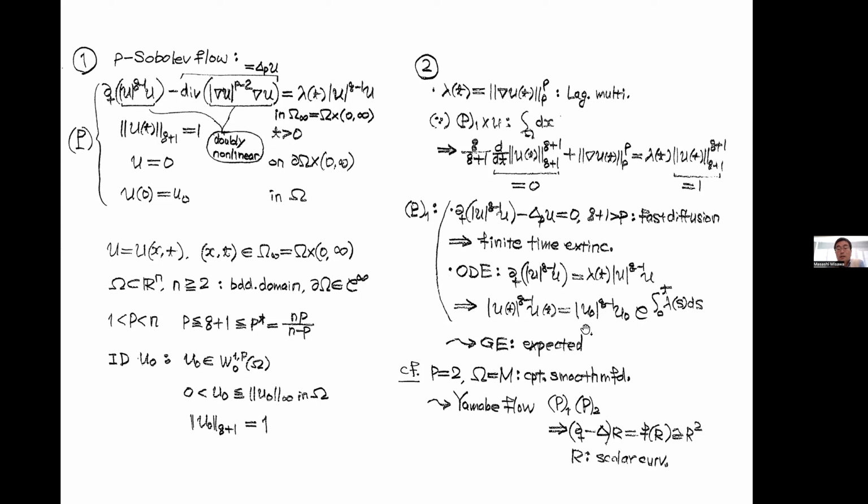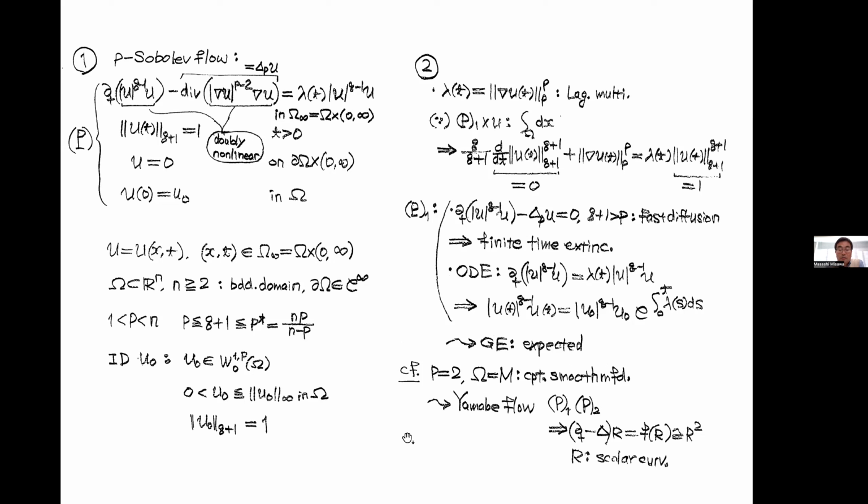So the solution u is positive and bounded for all times. I think these two kinds of effects make the solution positive and bounded for all times. So we can expect global existence of the solution. This is a very rough consideration, but this is just my expectation for this problem.